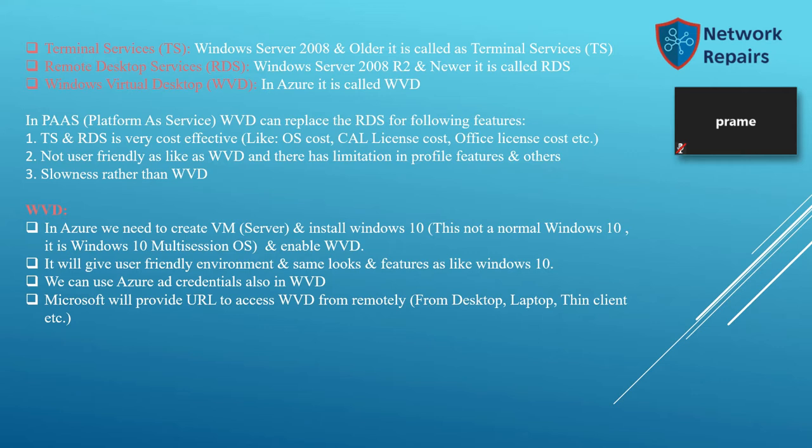In PaaS, platform as a service, WVD can replace RDS for the following reasons. As we know, TS and RDS are costly: OS cost, CAL license cost, Office license cost, maintenance cost, etc. And TS is not as friendly as WVD, and there are some limitations in the profile features and others.